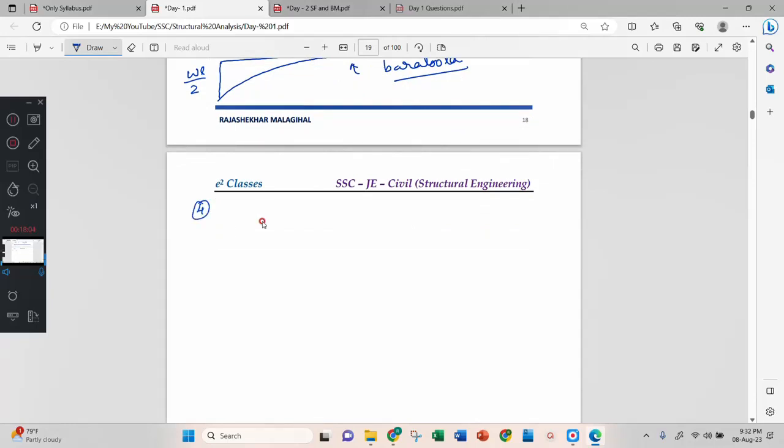Now, fourth one. Cantilever UVL. Right? Next. Shear force diagram is parabola.